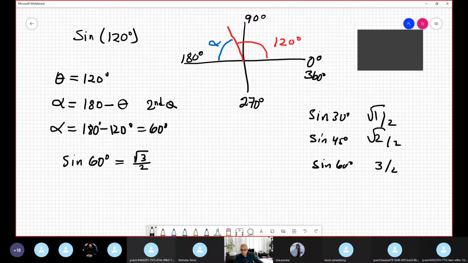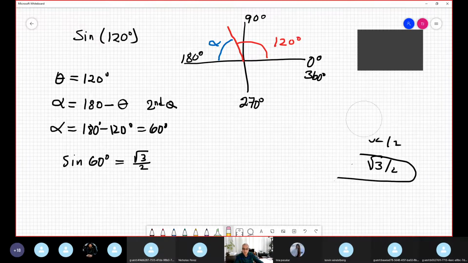Okay, the thing we are doing is this. Sine, you know my memory, this, only this, the rest no. Entonces es radical 3 over 2.